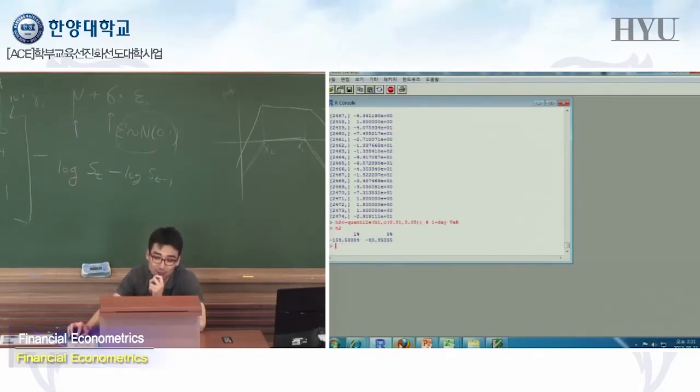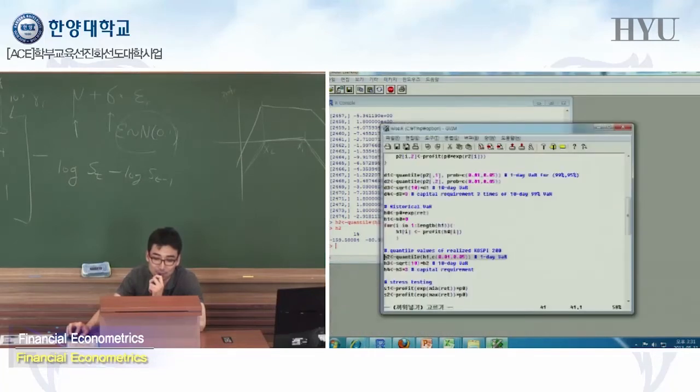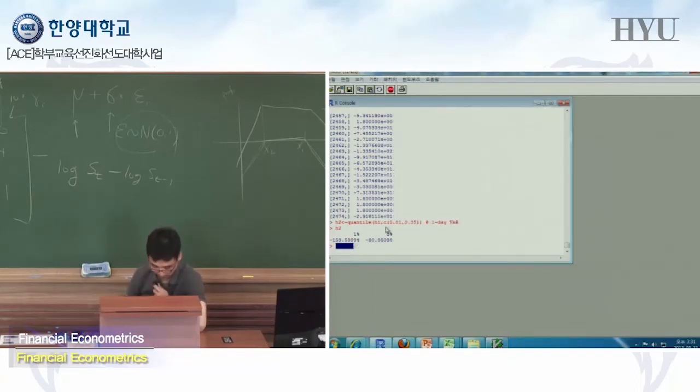Okay, and then next, since I am interested in the 10-day value at risk, I multiply by the square root of 10, so I can get H3. So it is my 10-day 99% value at risk, and the 10-day 95% value at risk.